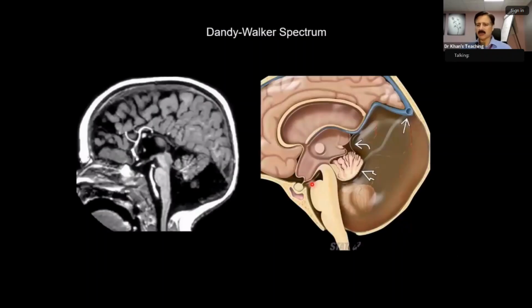Dandy-Walker spectrum, I am going to leave it. You know all of this. It has come in the exam quite a few times. In recent years, no. I think it's a very easy case. You know that there is a Dandy-Walker malformation and there is a Dandy-Walker spectrum. In Dandy-Walker malformation, of course, there is a cyst in the posterior fossa with vermian hypoplasia, which connects with the fourth ventricle.